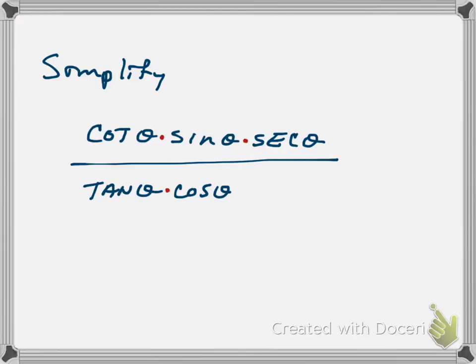Okay? Cotangent is the flip of the tangent. What is tangent? 1. No. What is tangent? It's sine over cosine. So what's the flip of that? Cosine over sine. That's this part. Okay? Sine is sine.